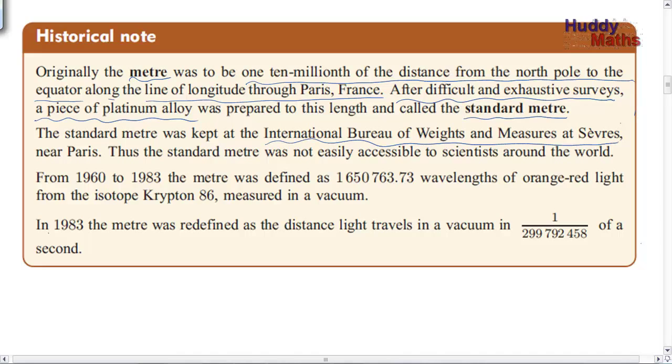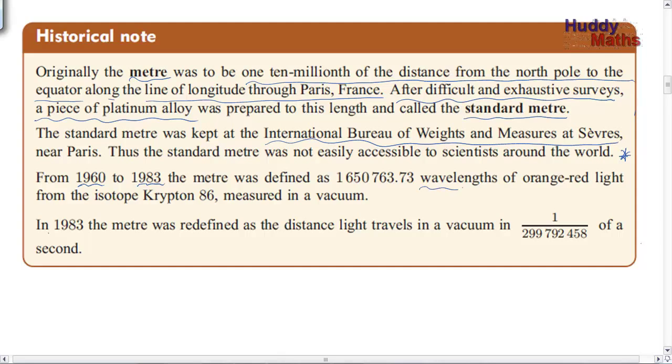So it wasn't easily accessible to people around the world, and also it could get damaged, even though it was platinum alloy, which is pretty resistant to damage. They didn't want it damaged. That was our only standard. So then, between 1960 and 1983, they tried to define it in terms of something that couldn't be damaged.